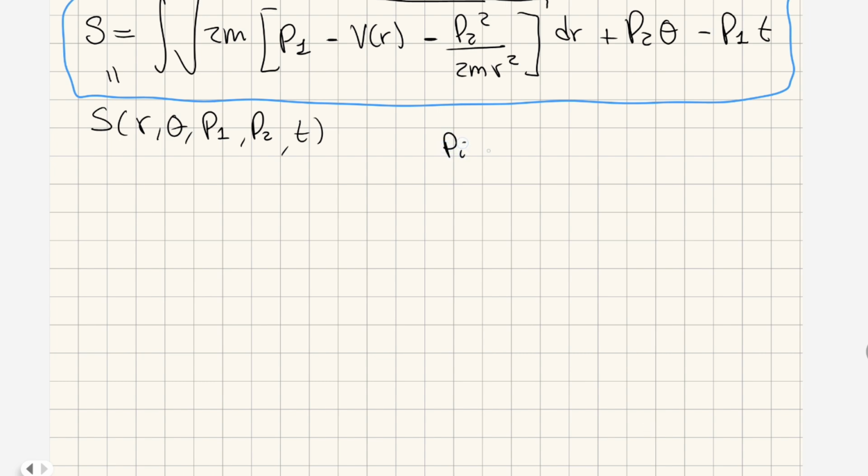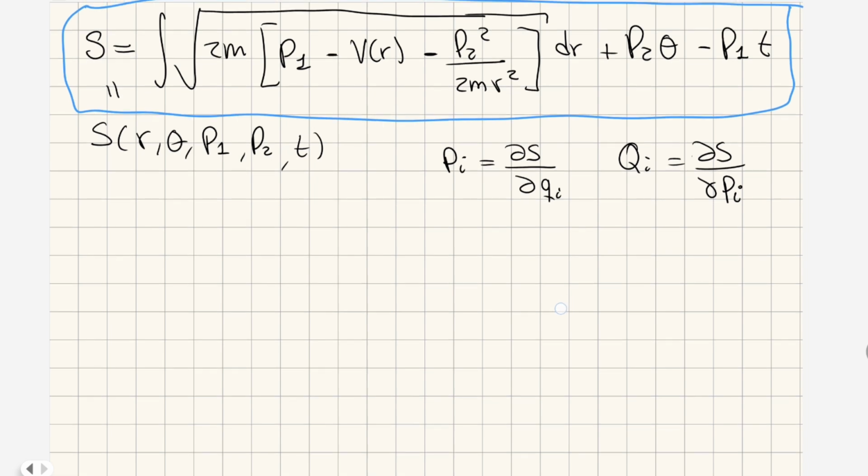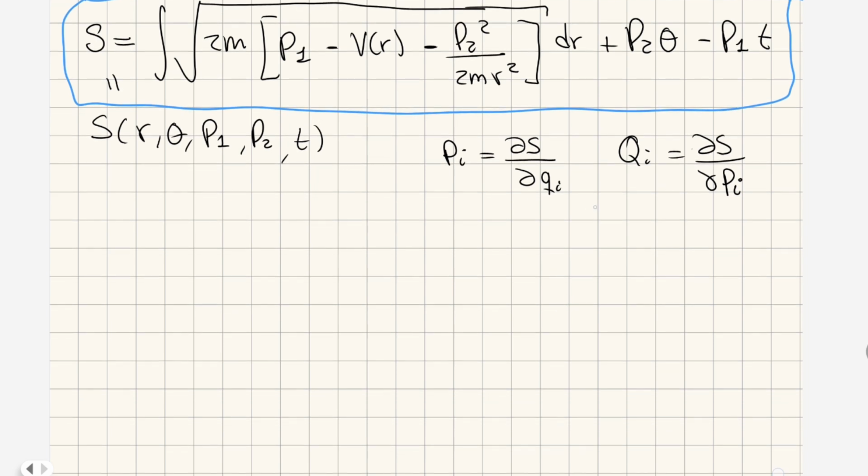The first one is that pi is equal to the partial of s with respect to qi. The other one is that upper qi is equal to the partial of s with respect to upper pi. In this case, obviously, i goes from 1 to 2.